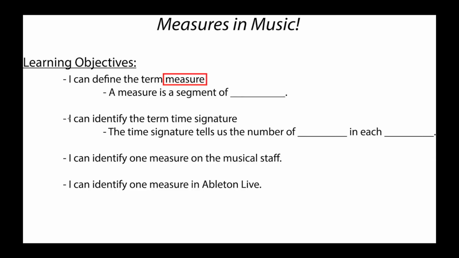Our second learning objective: I can identify the term time signature. And for this sentence stem, we have 2 blanks. The time signature tells us the number of blanks in each blank. Our answer should be the time signature tells us the number of beats in each measure.